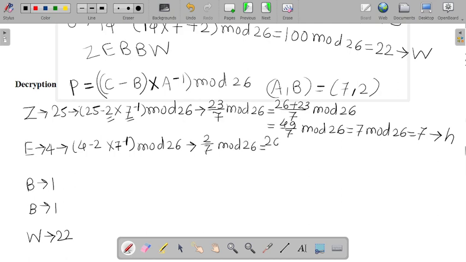That's why we add 26 plus 2, which gives 28. Now 28 is divisible by 7. 28 divided by 7 gives the value 4, and 4 mod 26 we can write as E.